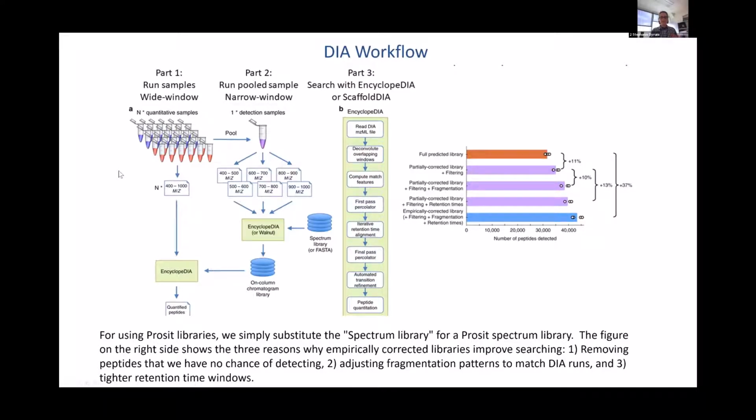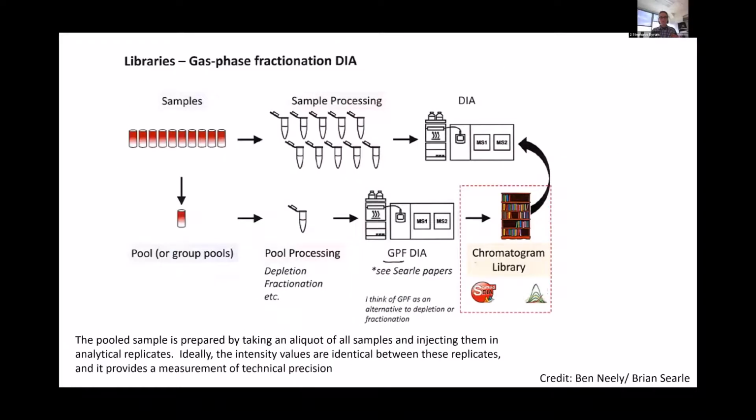They do a really good job of utilizing the samples, making a pooled set from all the samples you have, doing a gas phase fractionation using the DIA approach, and then building a chromatographic library in order to detect peptide sequences. Using these gas phase fractionations, we can correct for when certain peptides elute at different retention times. You can correct the chromatographic libraries, the chromatograms, and correct peptide identifications.